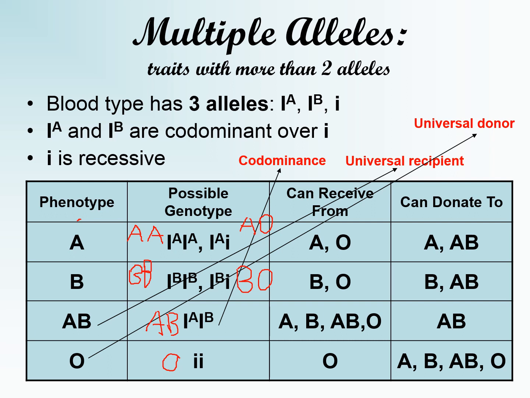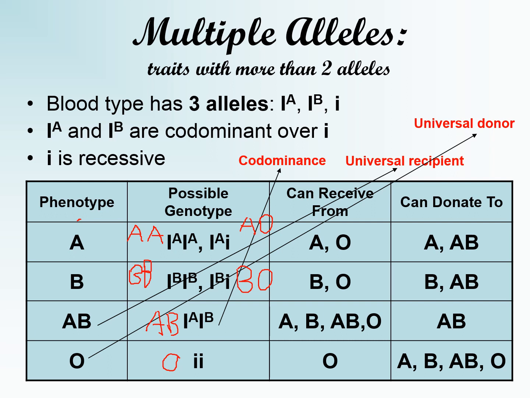So somebody who has type A, B, AB, or O can receive type O blood. I'm not going to ever ask you questions about universal recipients and universal donors and so forth. I just mention it out of interest and knowledge moving forward, especially when you become of age and you think that you may want to donate blood one day.